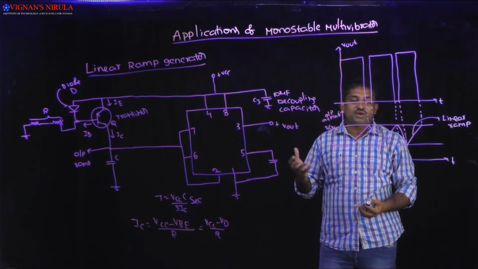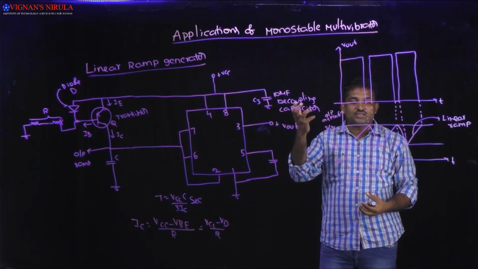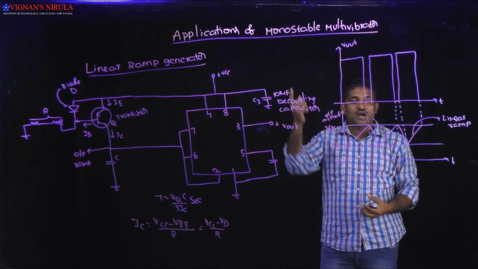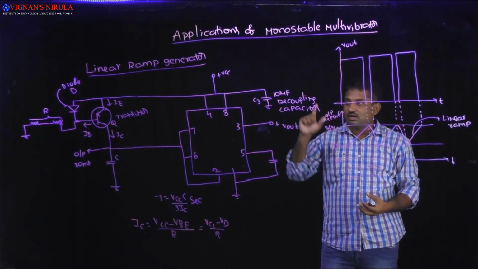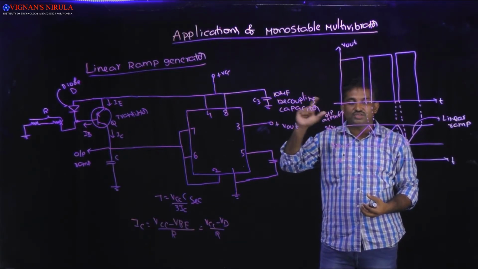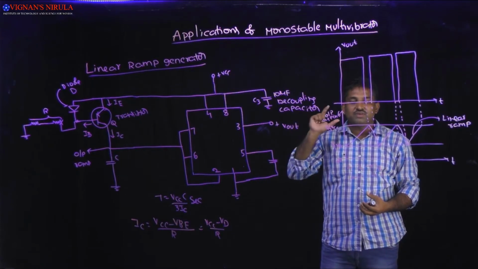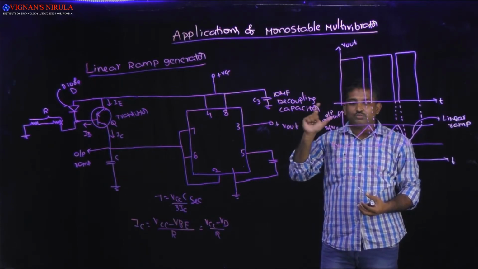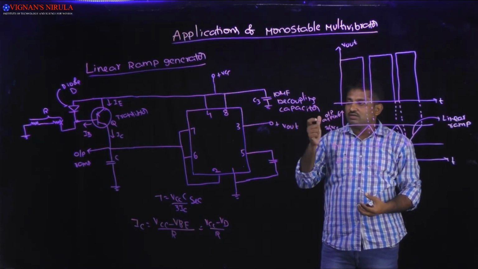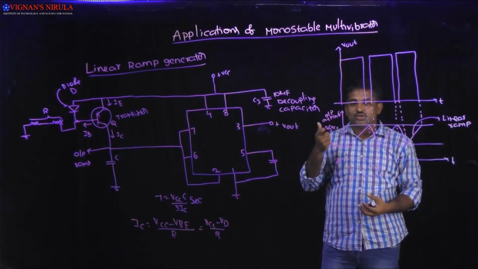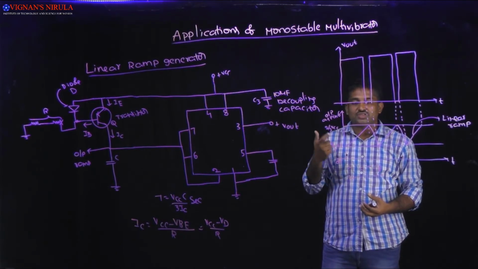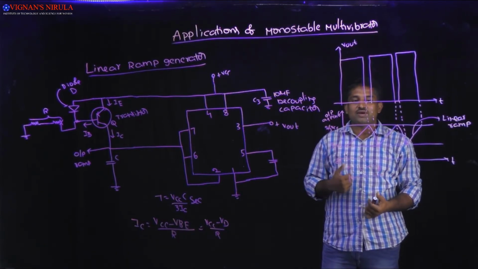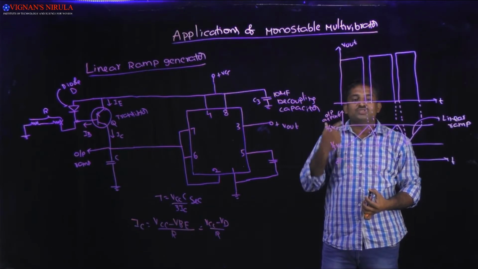So this is the way we charge and discharge the capacitor with the constant current source. If you observe the charging and discharging of the capacitor, it takes a high amount of time to charge the capacitor, and a very small amount of time to discharge it. So obviously the charging time is the linear ramp generator.